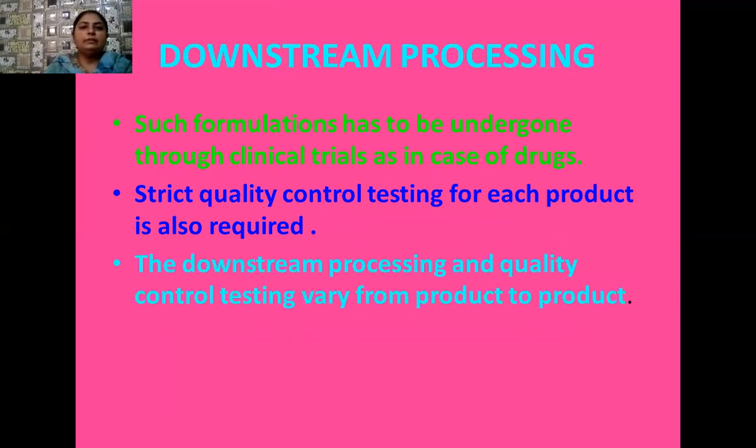Yes, students, after adding preservatives, if our desired product is a drug, then it has to undergo the process of clinical trials. So many clinical trials, or you can say testing, are done with that product before it is launched in the market. For this purpose, we use different types of model organisms.